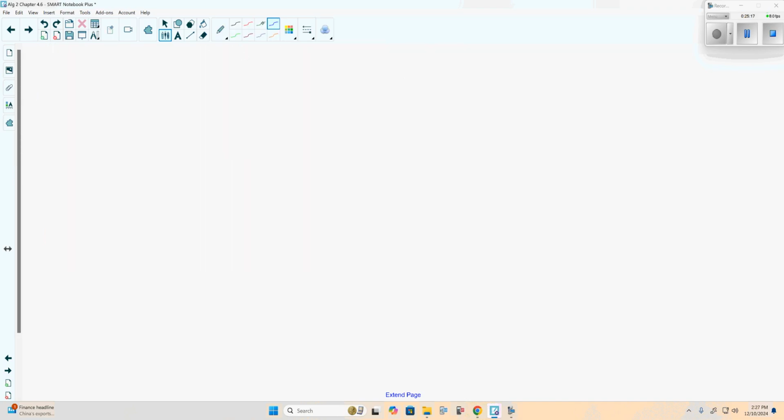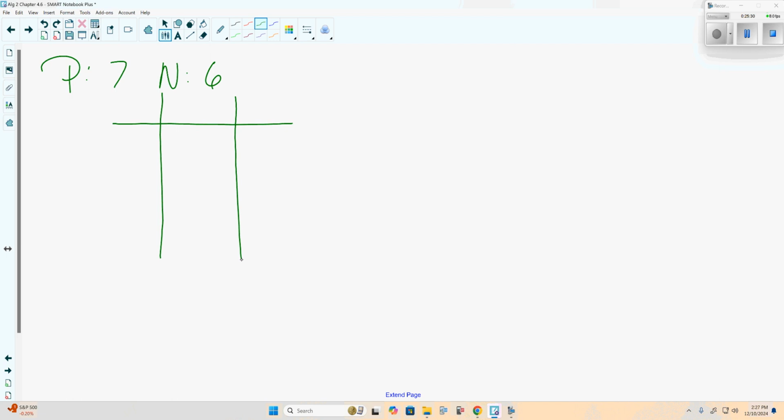Let's just make up a hypothetical one. Let's say that the number of positives is 7 and the number of negatives is 6, which means our total is 13. So we don't have an equation with it, but positive, negatives, complex. So we'd have 7, 6, 0.